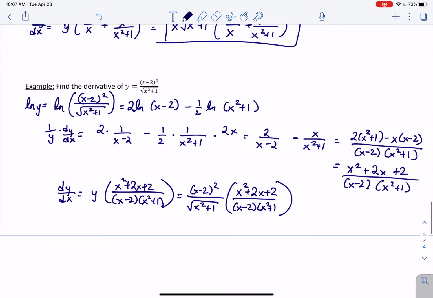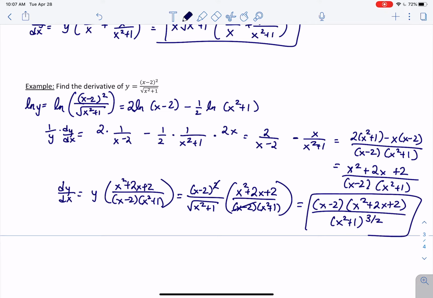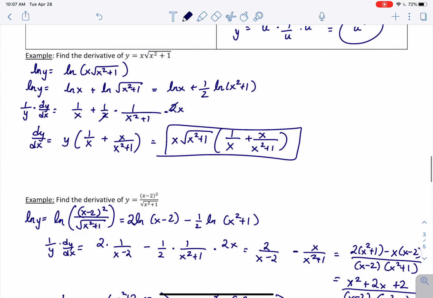And then we can do some simplification with this, and we'll get (x minus 2) times (x squared plus 2x plus 2). I can cancel one of those out. And then this would be (x squared plus 1) to the 3/2. So hopefully that gives you a sense of looking through different ways to take derivatives with these problems. So I'm going to stop this video here.